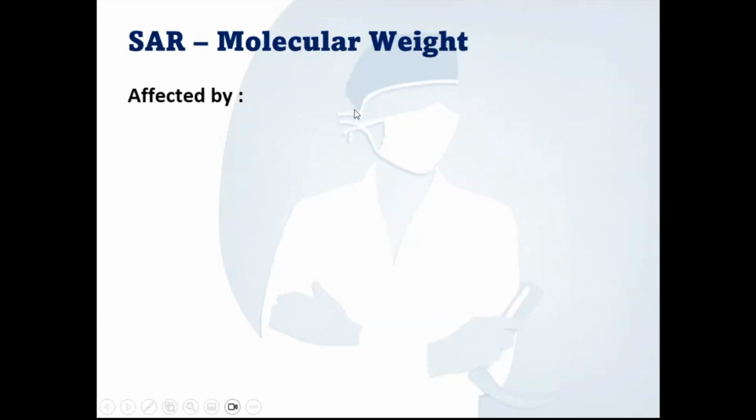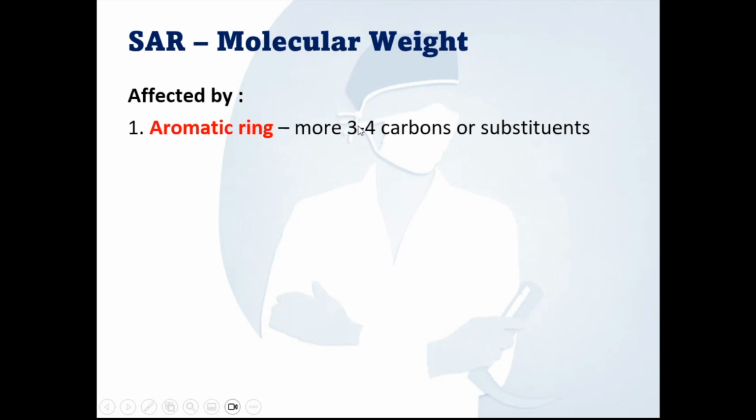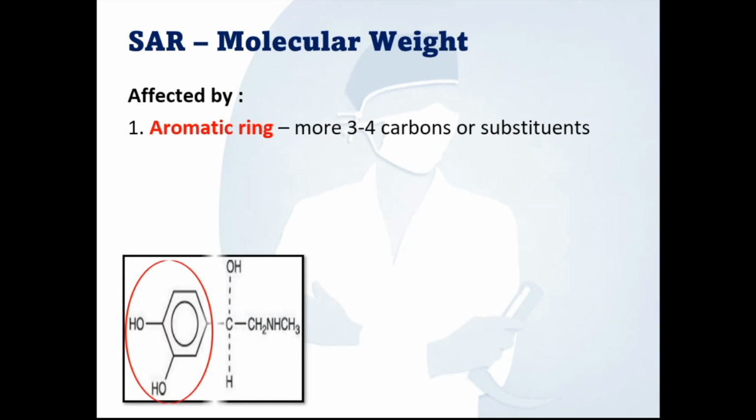This molecular weight is affected first by the aromatic ring. When you add on more 3 or 4 carbons or substituents, they increase the molecular weight. If you're adding more components to it, it will add to the molecular weight.